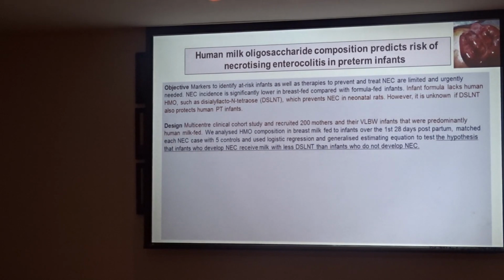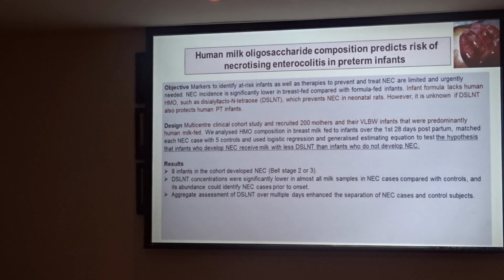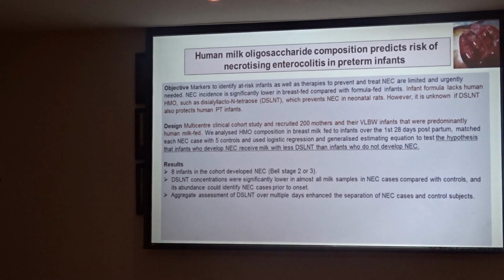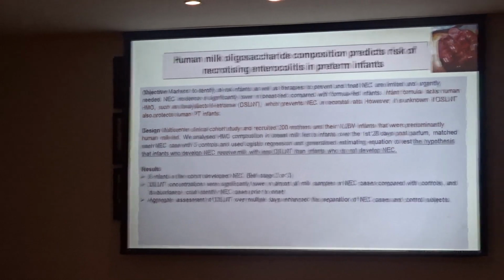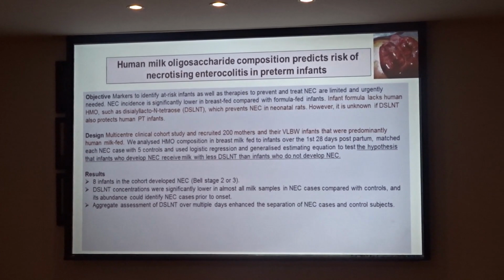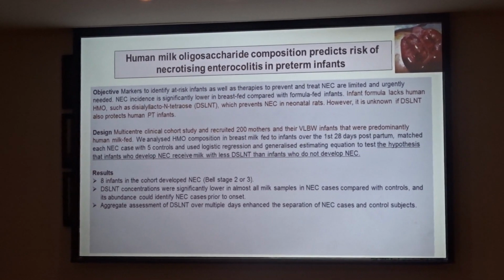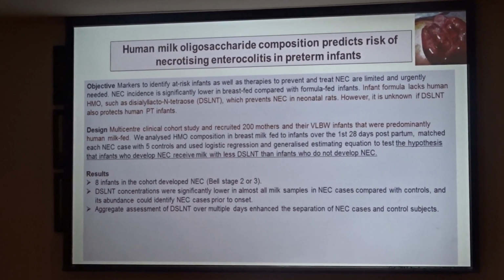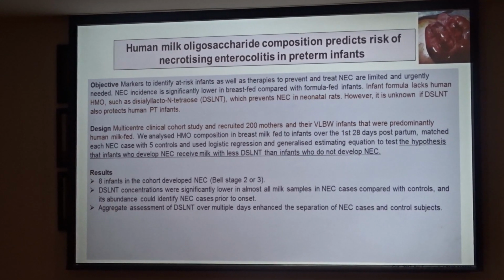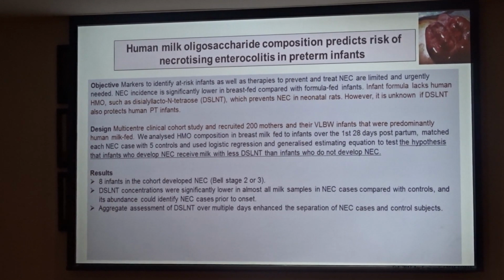They collected 200 women with extremely low birth weight infants, who are more liable to develop necrotizing enterocolitis, and they put forward a hypothesis that mothers with low DSLNT oligosaccharide could be a risk factor to develop necrotizing enterocolitis.